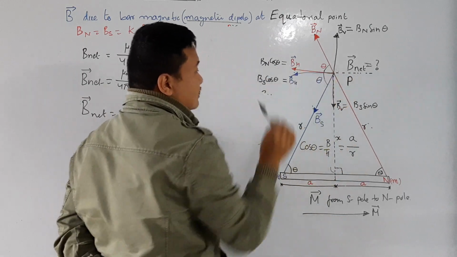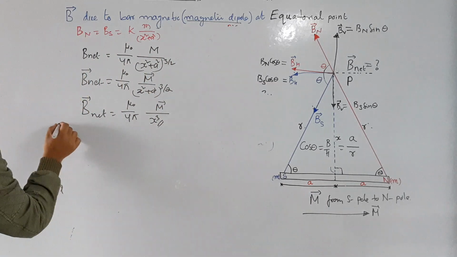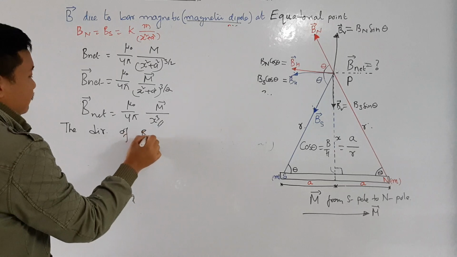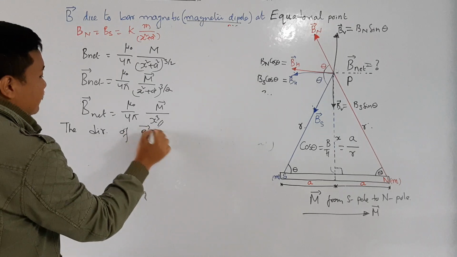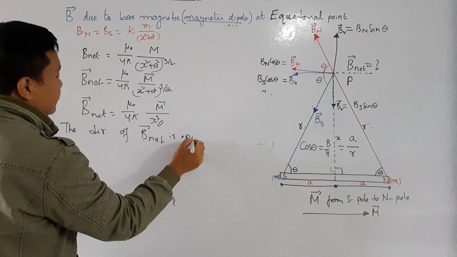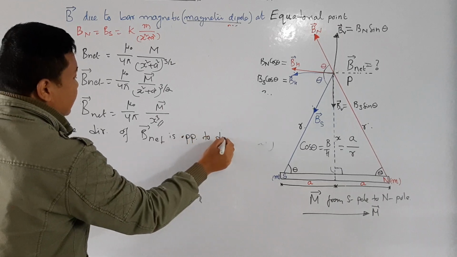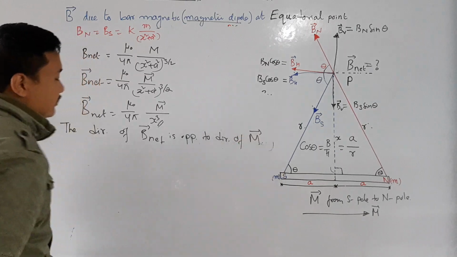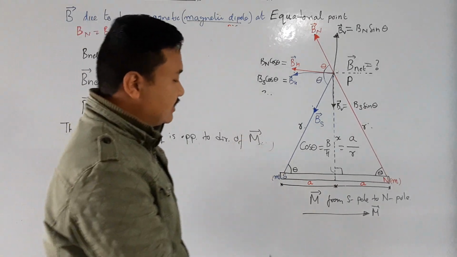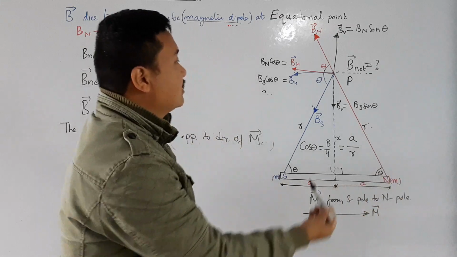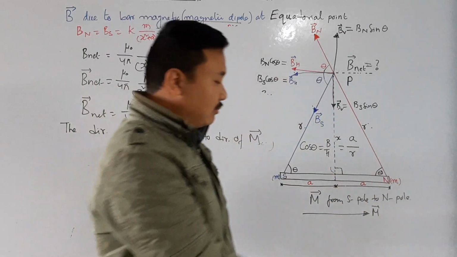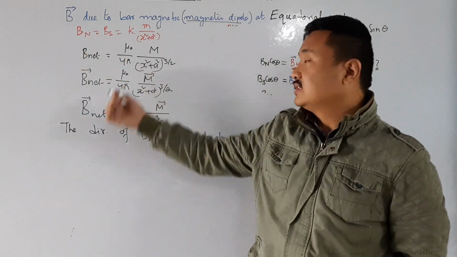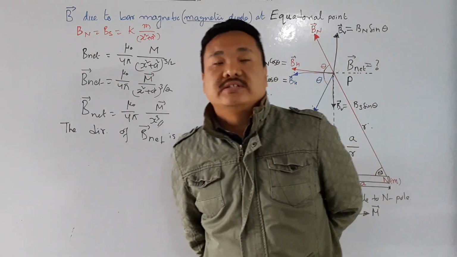So the direction of the net magnetic field is opposite to the direction of the magnetic moment. You have to write this. Why? Because the magnetic moment is from south to north, but the field is opposite to this magnetic moment. So this is the important and useful derivation. Thank you.